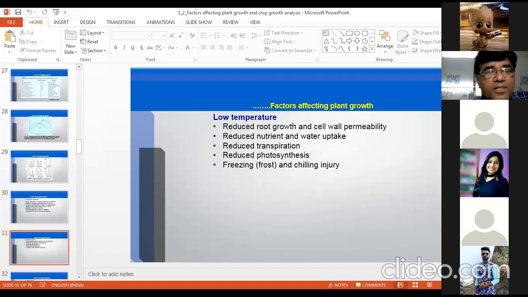Similarly, lower temperature is also not good. Because of lower temperature, there is reduced root growth and cell wall permeability, reduced nutrient and water uptake, reduced transpiration, reduced photosynthesis, and freezing injury. Freezing and chilling injury can also happen.